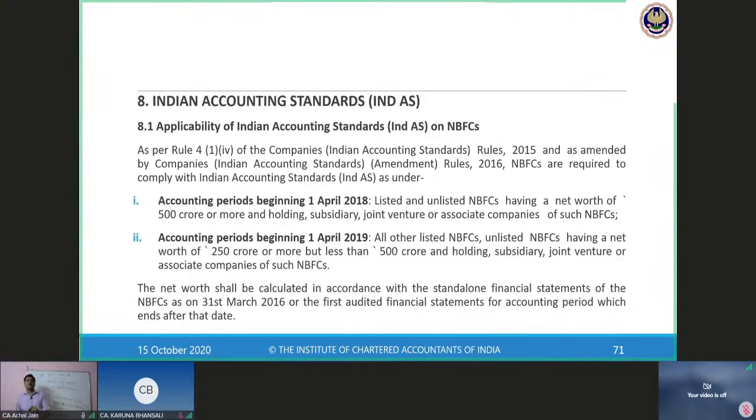Then we have another set of accounting standards, which are fairly old now, called Ind AS, which are commonly referred to as a replica of IFRS. Now, certain NBFCs, depending on certain criteria which are prescribed, were required to follow Ind AS. So let's see what the criteria is in respect of applicability of Ind AS to those NBFCs.